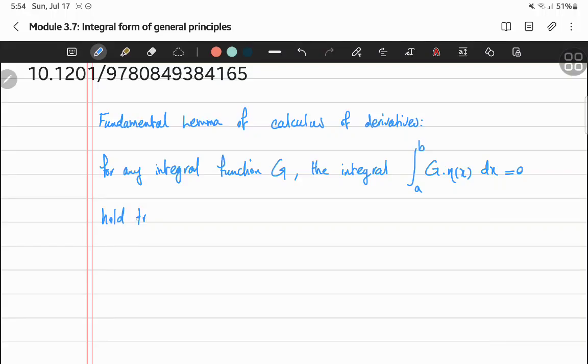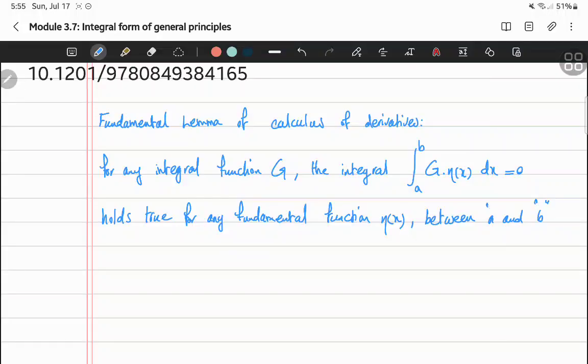This holds true for any fundamental function eta(x) between a and b.